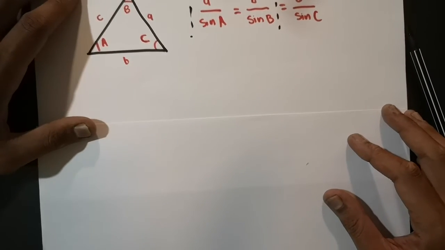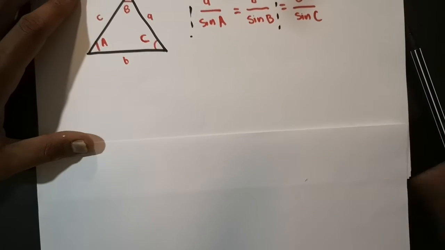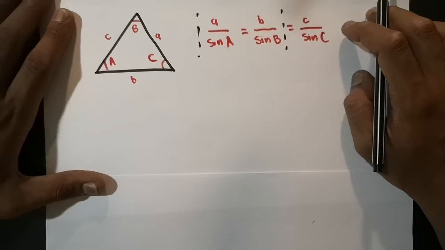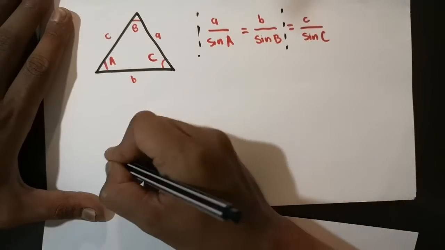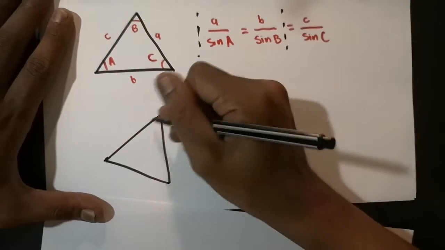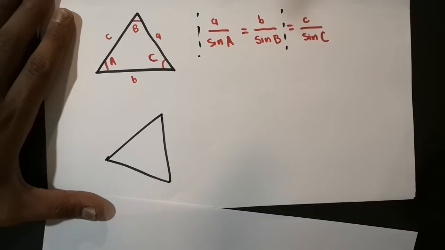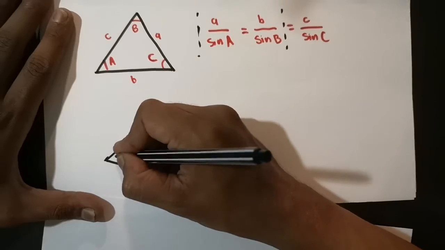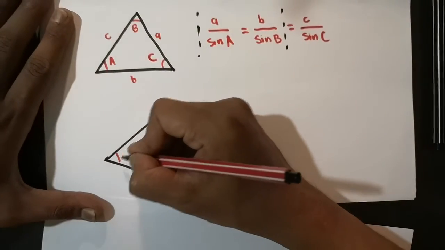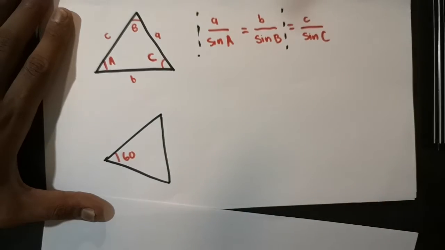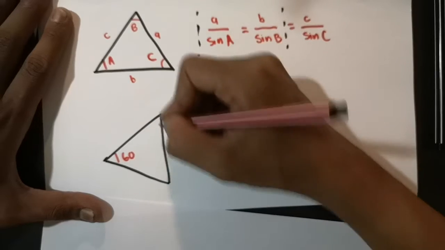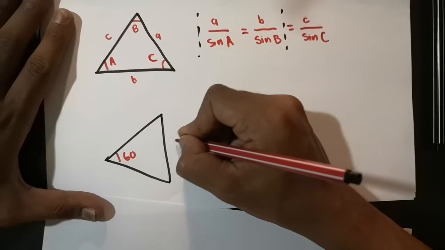Let's say I have a random question. Let me think of a random question. Because math, we need to try, right? Let's call this angle 60, and this side 7.